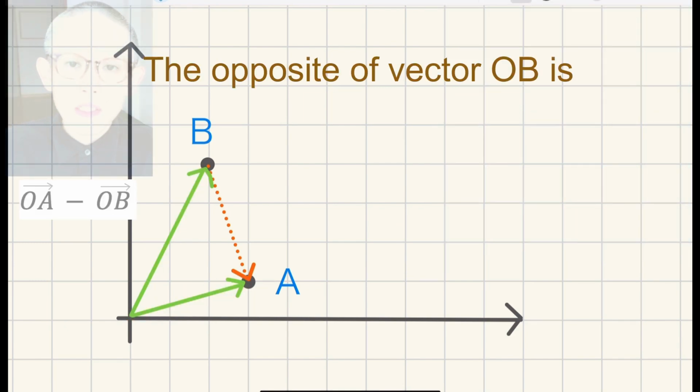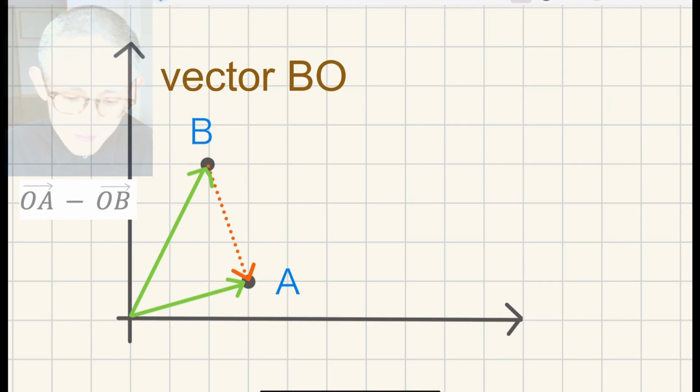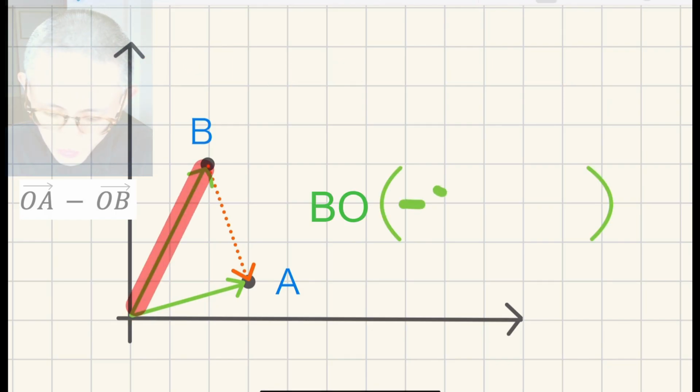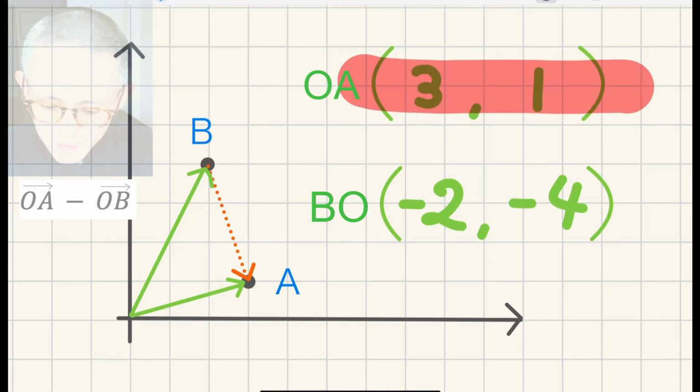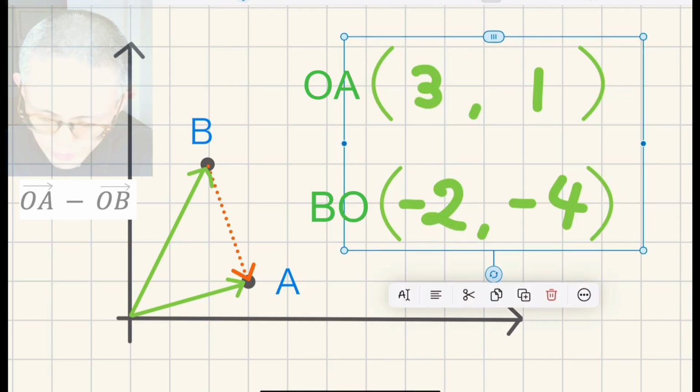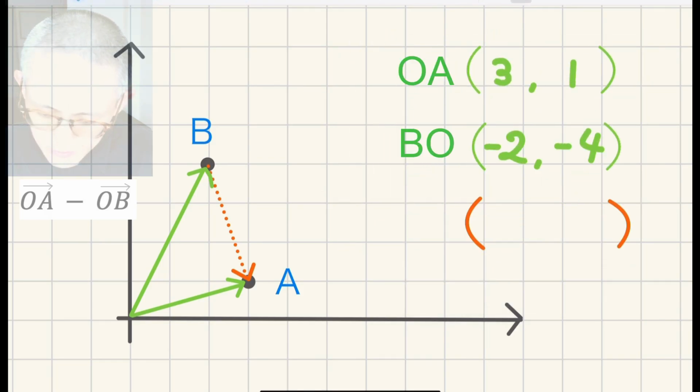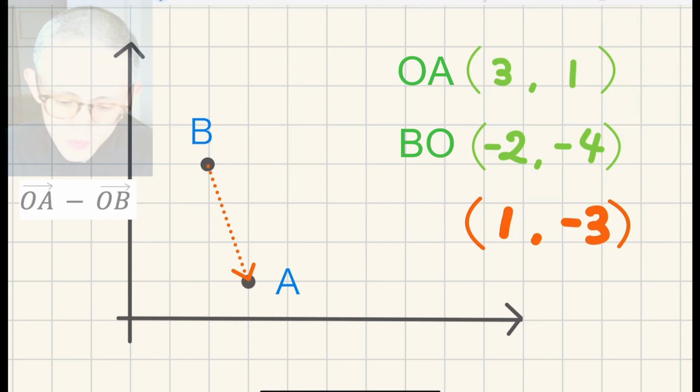The opposite of vector OB is vector BO, which is negative 2, negative 4. Vector OA plus vector BO is 1, negative 3.